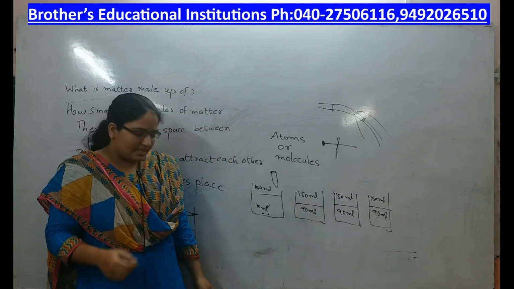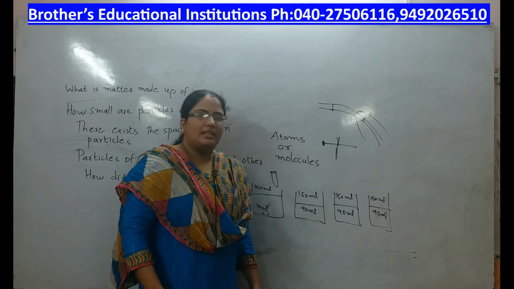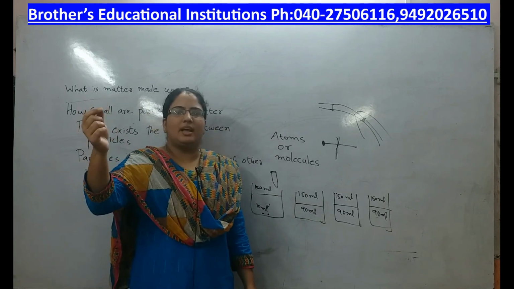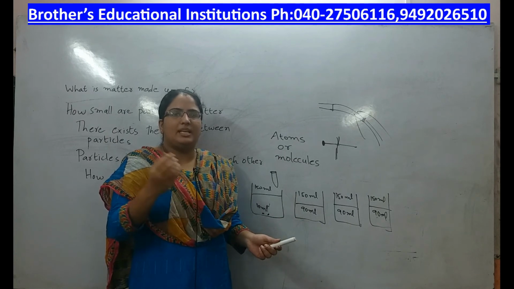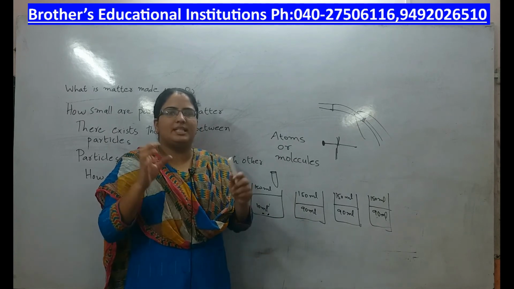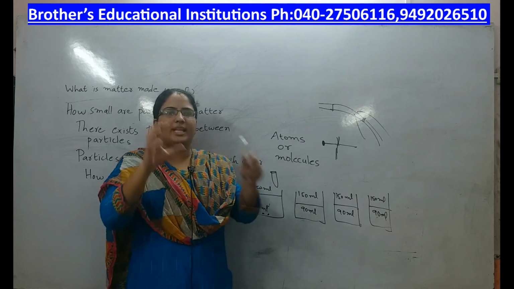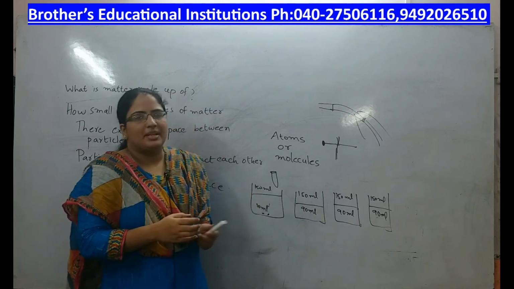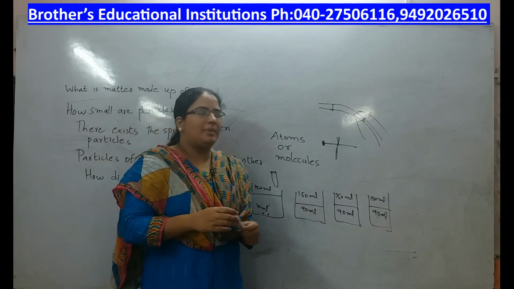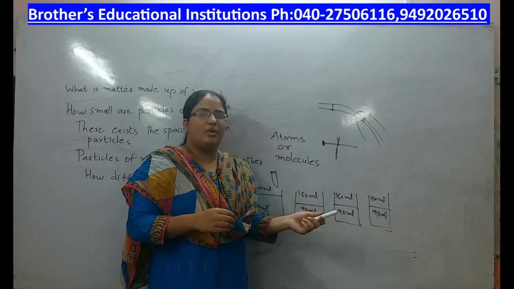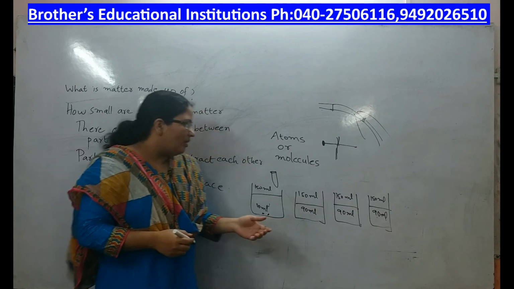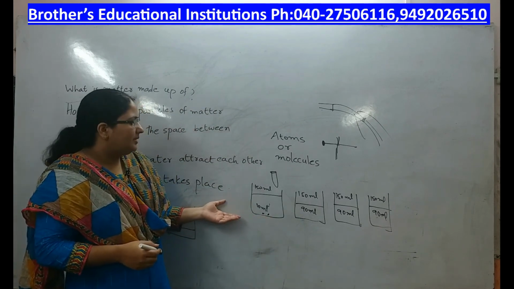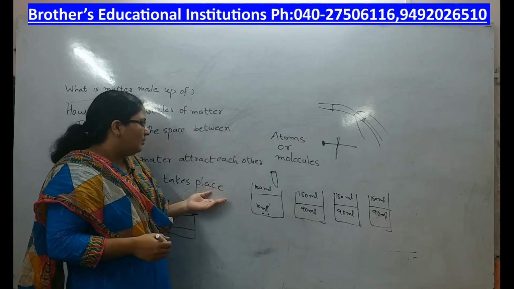We have discussed in the incense stick activity that when somebody holds an incense stick at one corner of a room, a person standing at the other corner can easily smell it, because the incense particles move in the air and spread, so that the person standing at the other corner also can smell the fragrance, right?